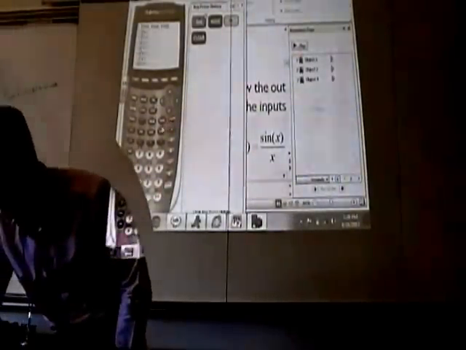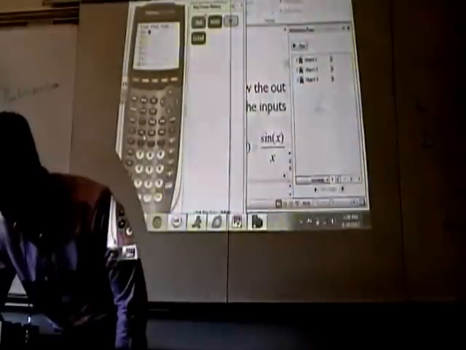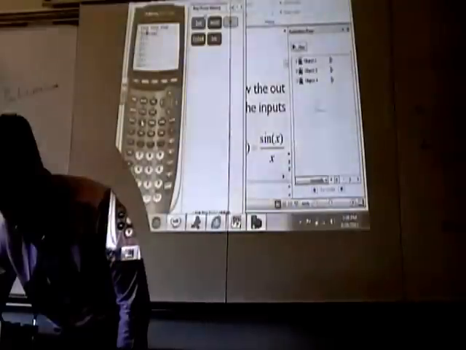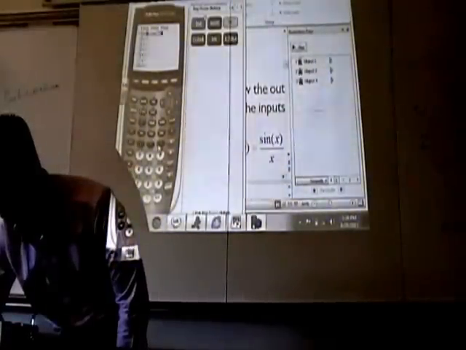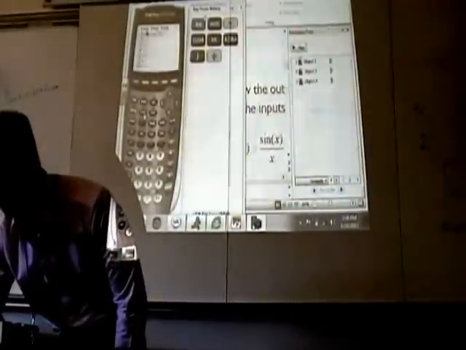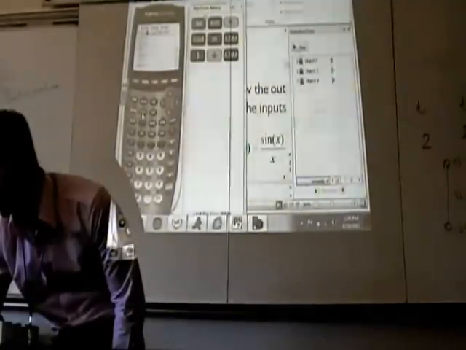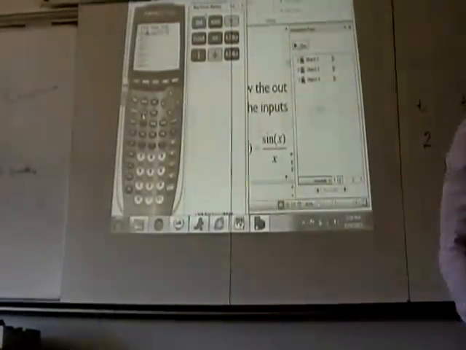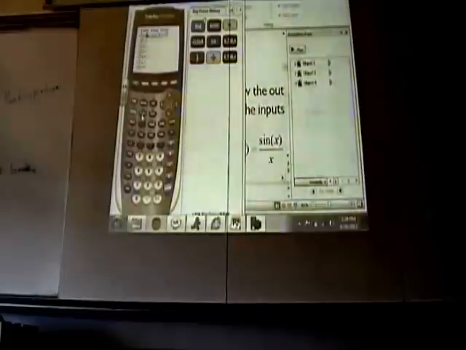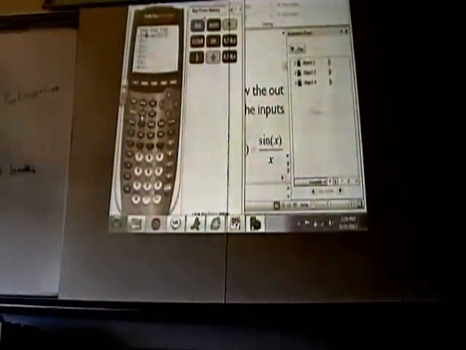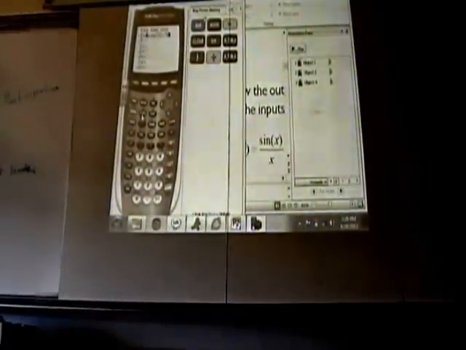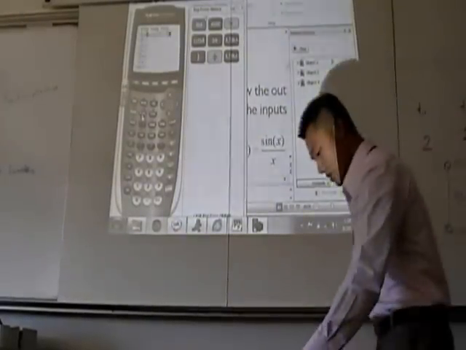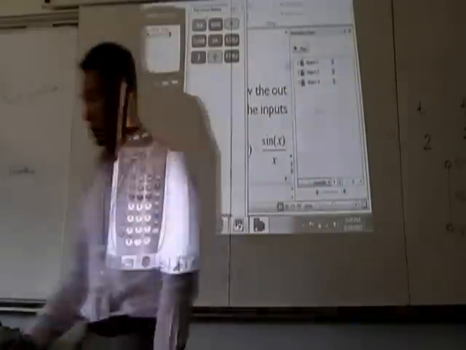You're going to plug in sine of x divided by x. So you can plug that into y equals. If you don't have one with you, share with the person next to you, just so that you can see it. And then you hit graph.